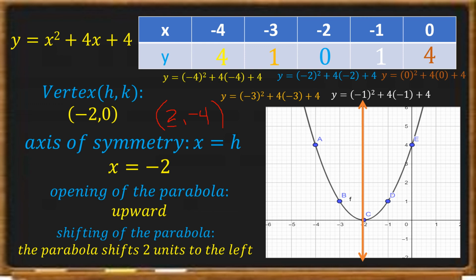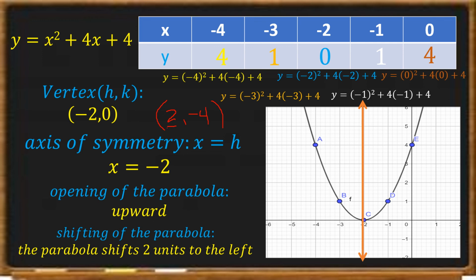Okay, opening of the parabola, titingnan nyo kung yung given quadratic function nyo, positive yung a. Kahit walang graph. Tingnan nyo lang, ano yung letter A niya? Is it positive or negative? Doon mo malalaman, pag positive, upward. Pag negative, downward. Okay, shifting of the parabola. So, dito, magkakaroon na siya ng upward, downward, tsaka to the left, to the right.